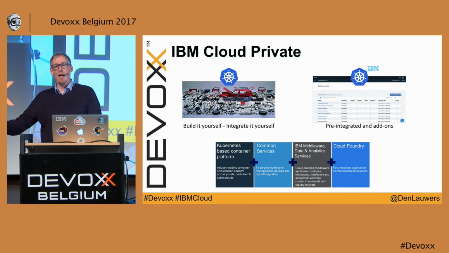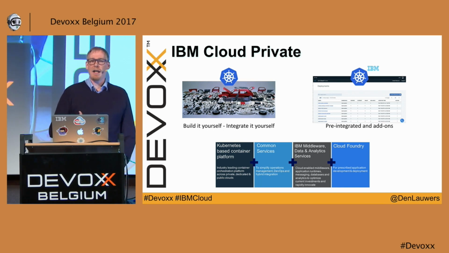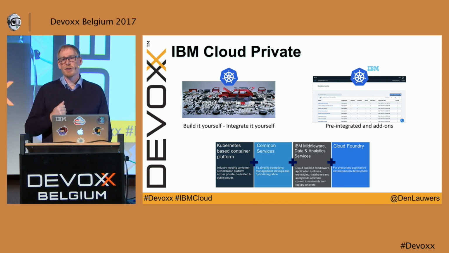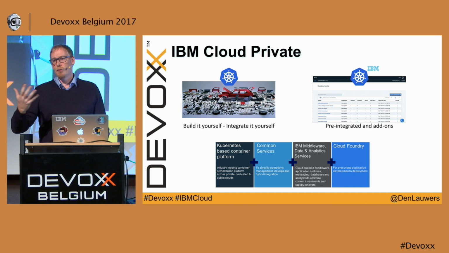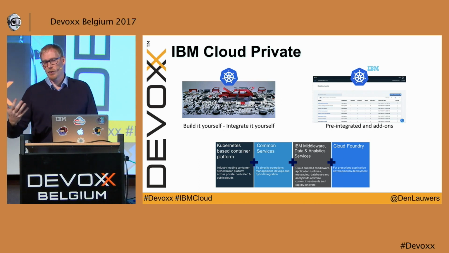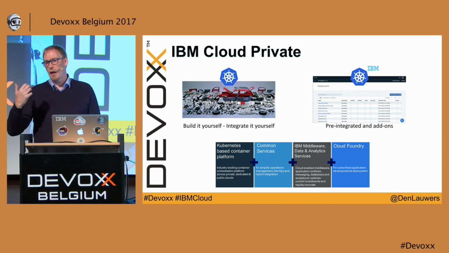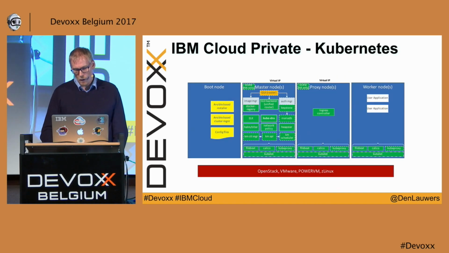And of course, we are also adding the Cloud Foundry part now so that you can create another style of cloud services which you can interlink with the public cloud of IBM so that you can have access to the Watson APIs or the IoT APIs.